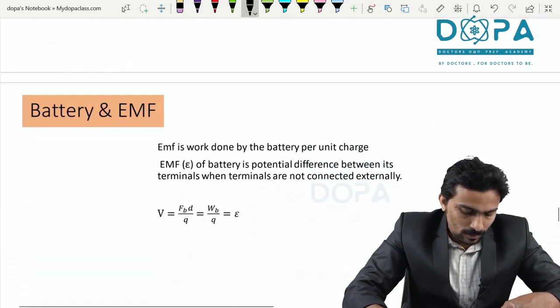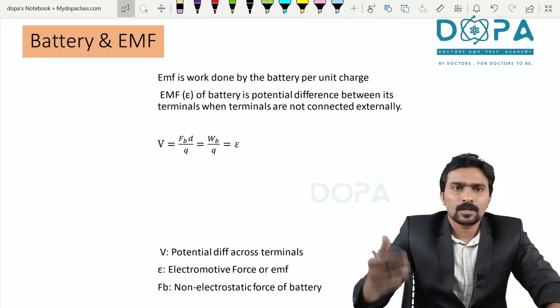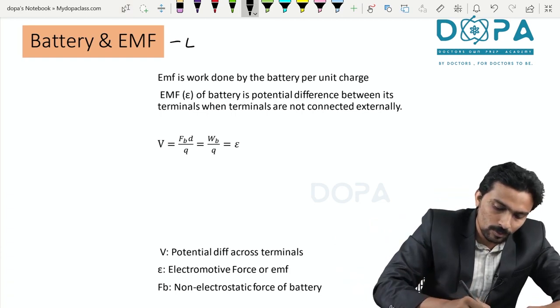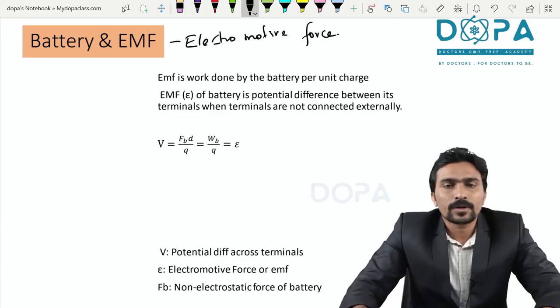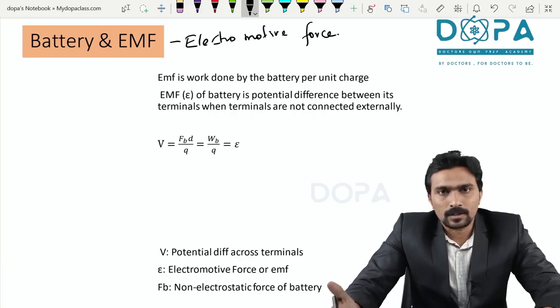Okay, and battery and EMF. What is EMF? The full form of EMF is electromotive force. EMF is the work done by the battery per unit charge.